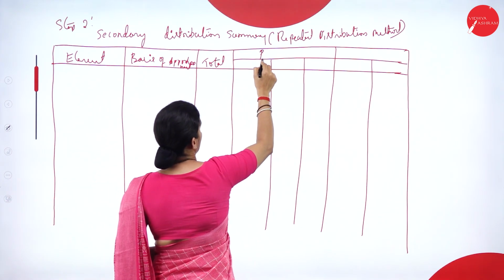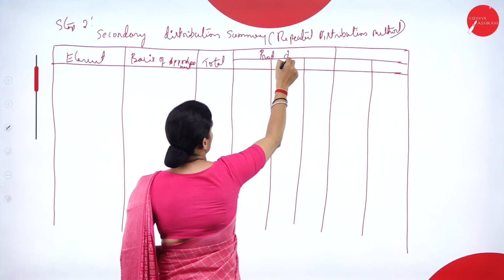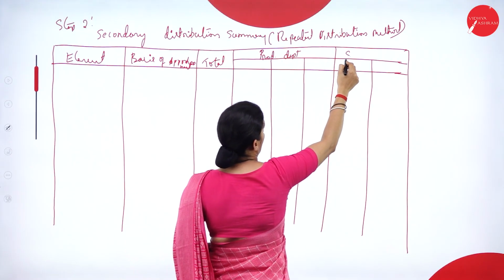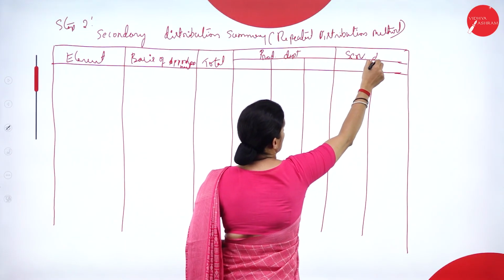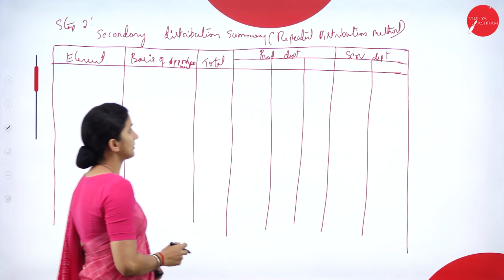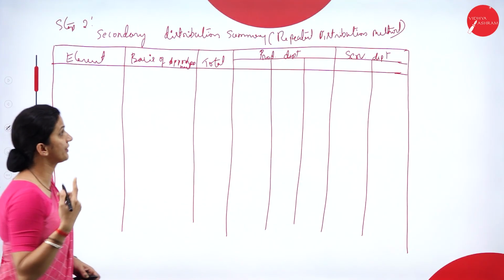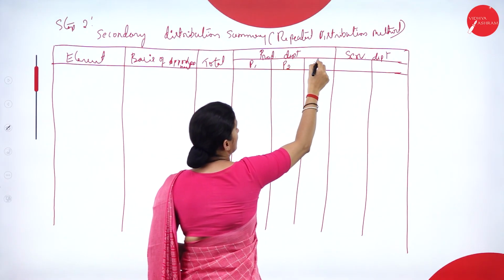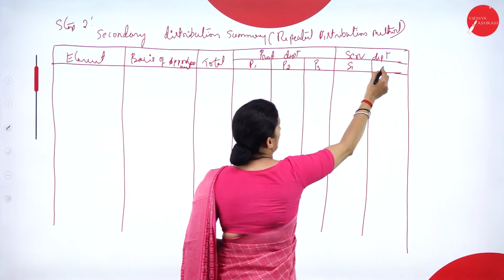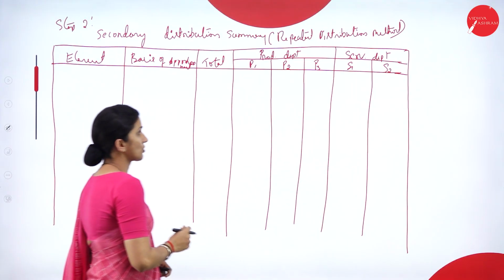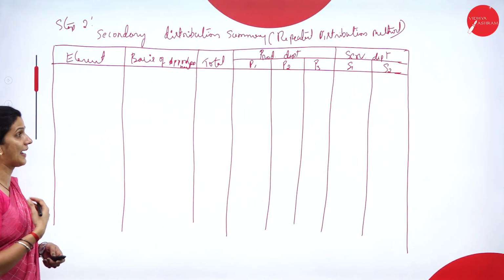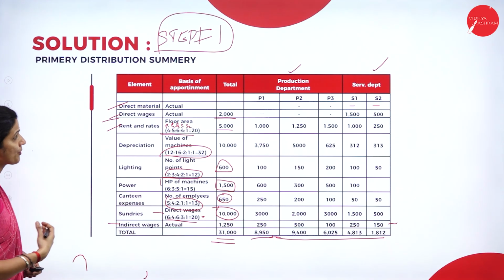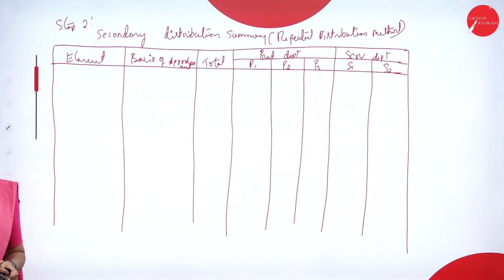Then we have production departments and service departments. The departments are P1, P2, P3, S1 and S2. These are the same columns that we had for the primary distribution, and we will have them in the secondary distribution also.